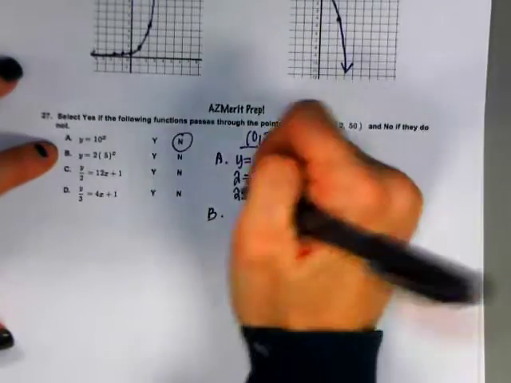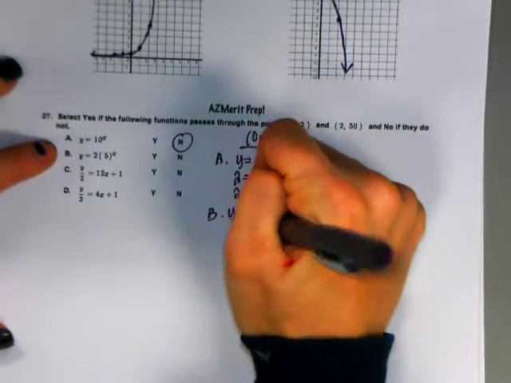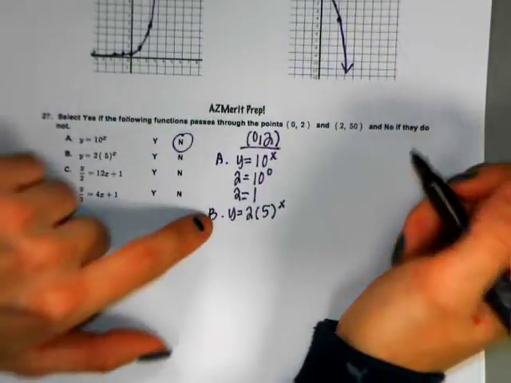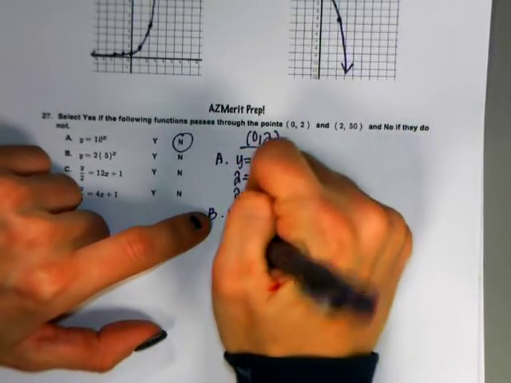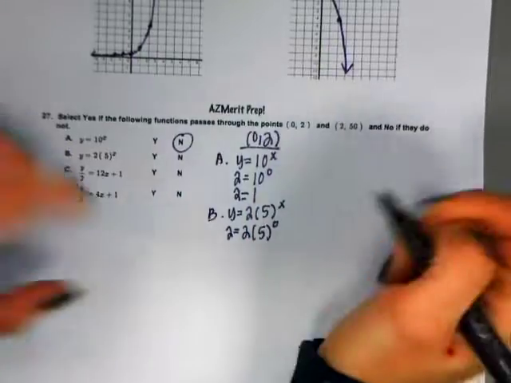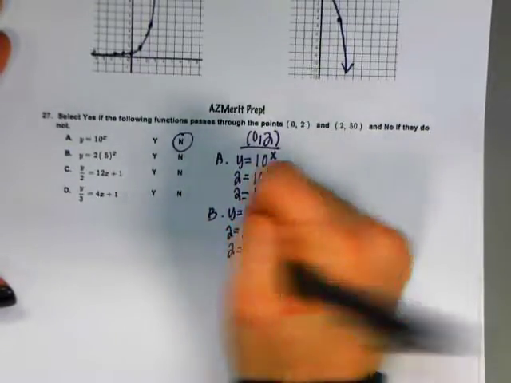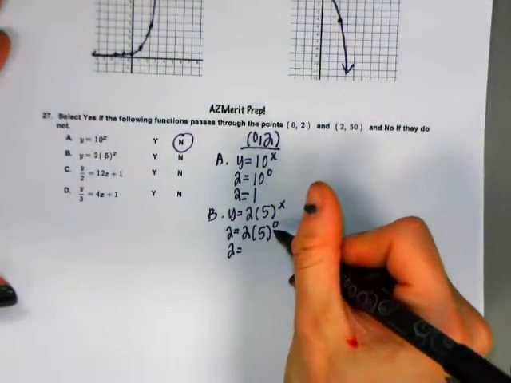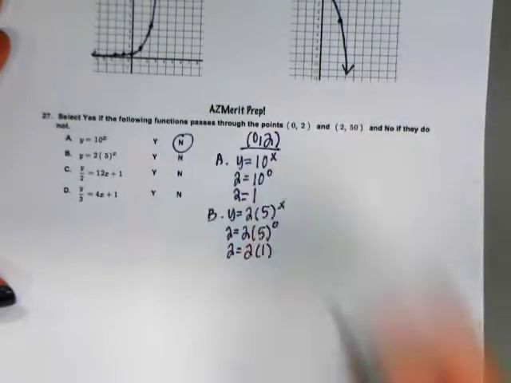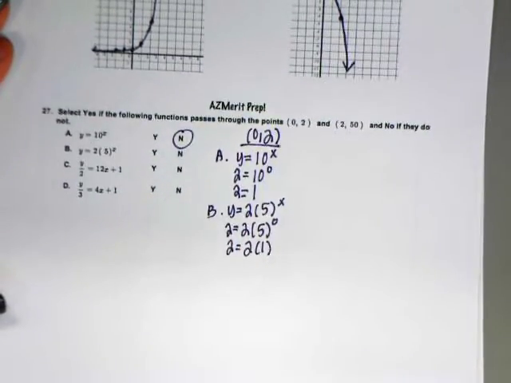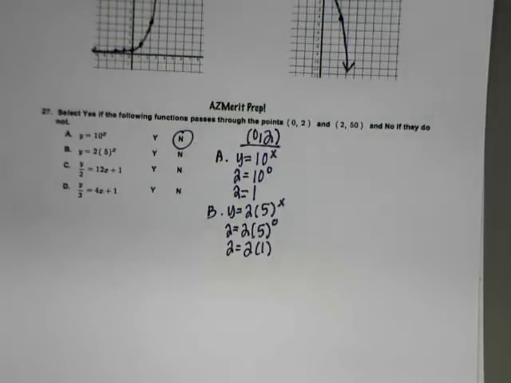Okay, B is y equals 2 times 5 to the x power. So 2 equals 2 times 5 to the 0. What's 5 to the 0? 1. So 2 times 1, so 2 equals 2 times 1? Yes.